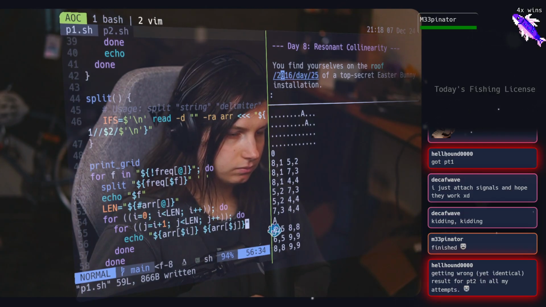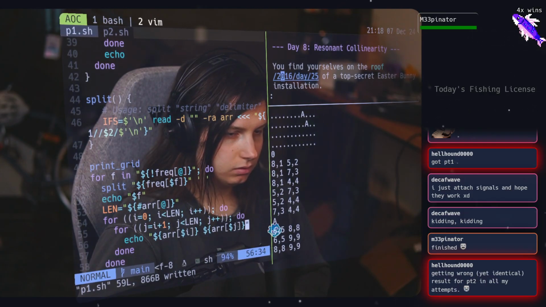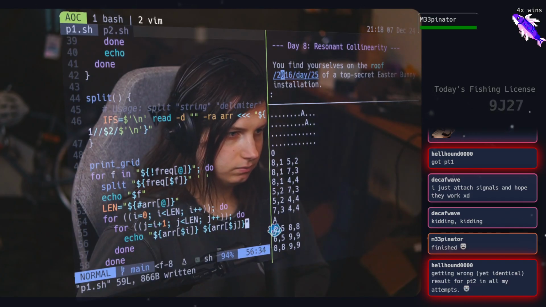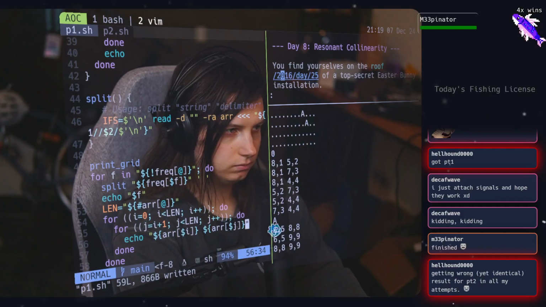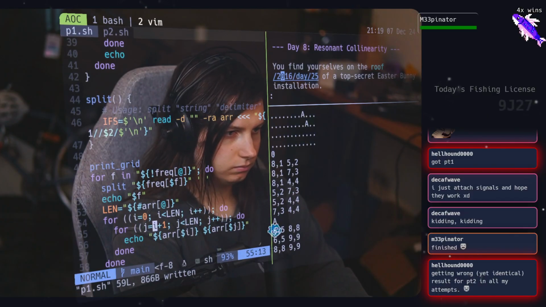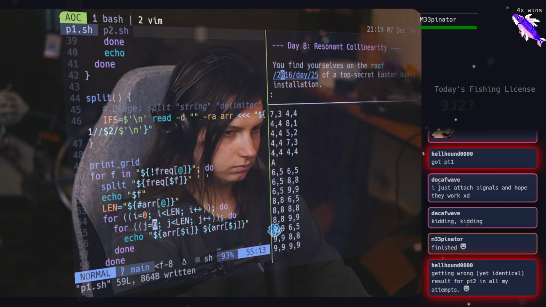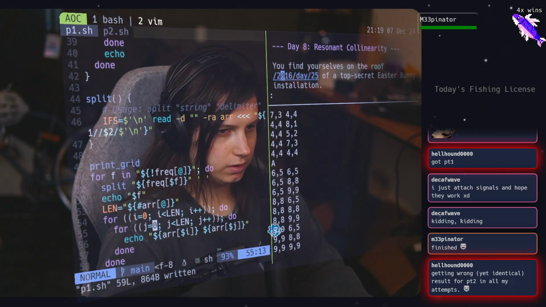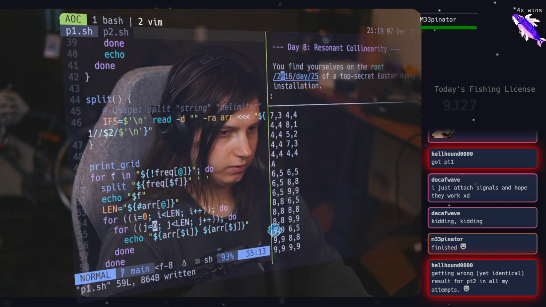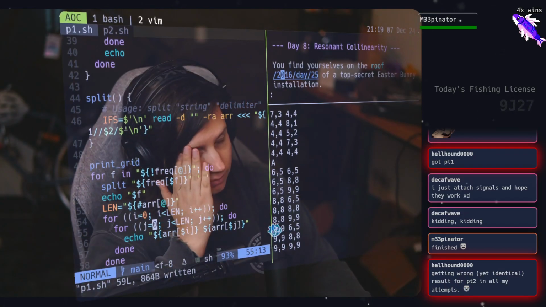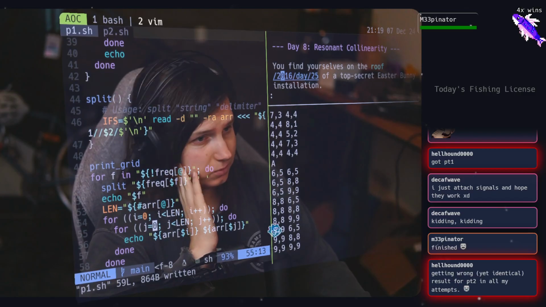That might be easier. Is this right? 1, 2, 3, 4, 5, 6, 7, 8, 9? Is 9 how many antennas it would make?